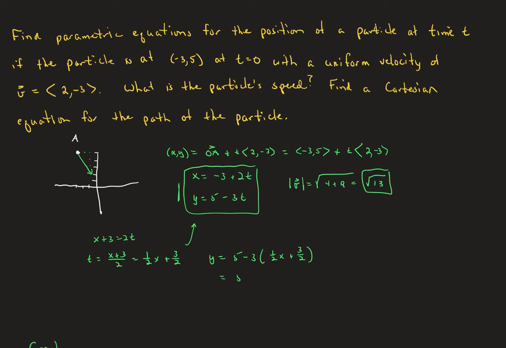That's going to be 5 minus 3/2 x minus 9/2. So y equals -3/2 x, and 5 is 10/2 minus 9/2, which will be a plus 1/2. There's the equation of that line. That is the path of our particle.